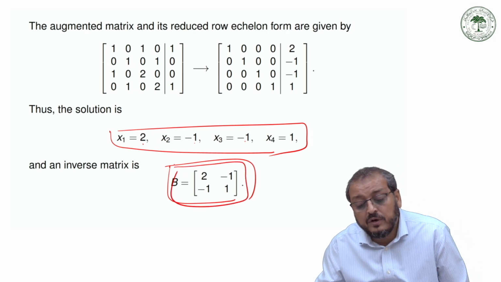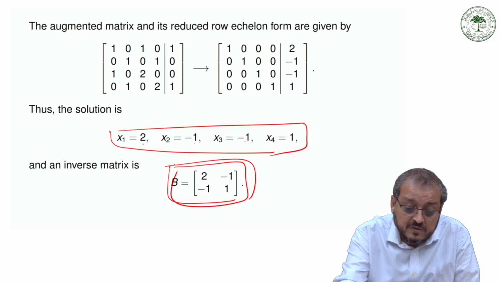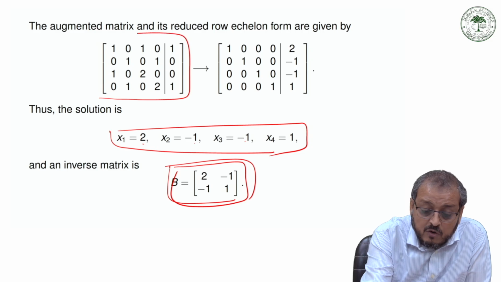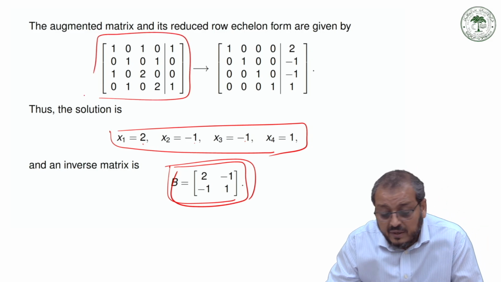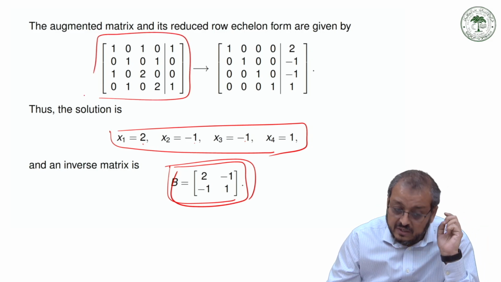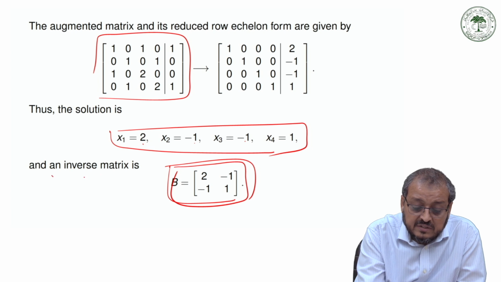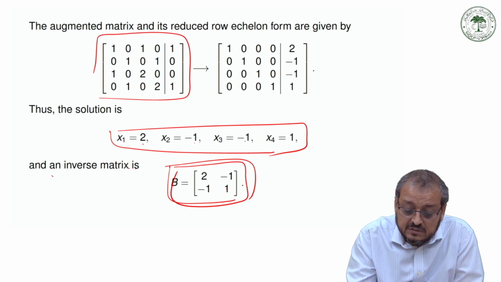What I have calculated is this previous form. So if this is the augmented matrix of a given matrix, we can say that the solution gives the inverse matrix B.